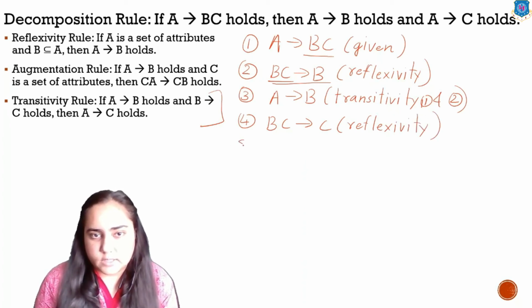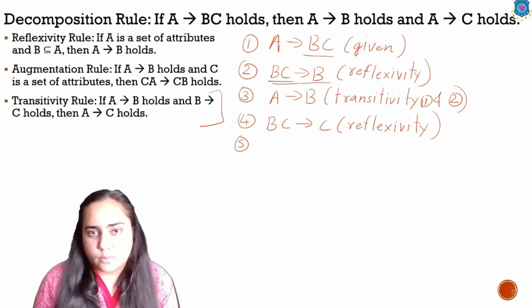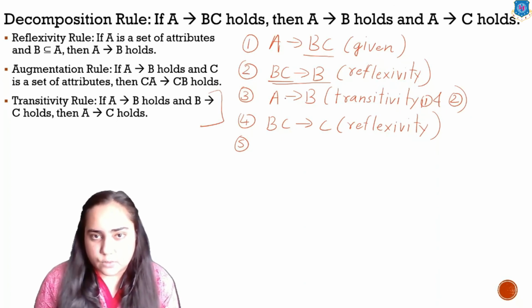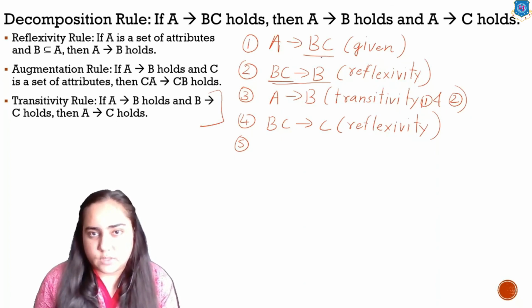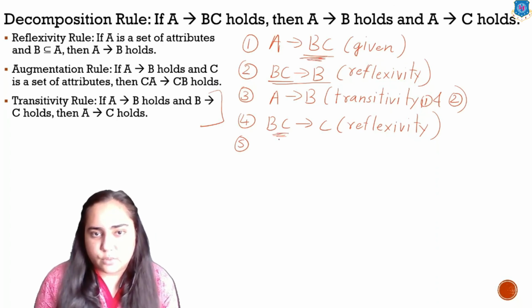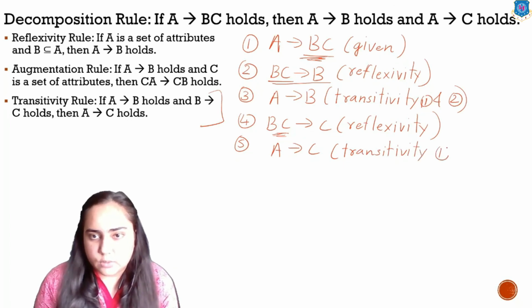And once that is done, I can once again apply my transitivity rule here using number 1 where BC is on the right and number 4 where BC is on the left, which results in A determines C. So this is once again a transitivity rule applied to number 1 and 4.